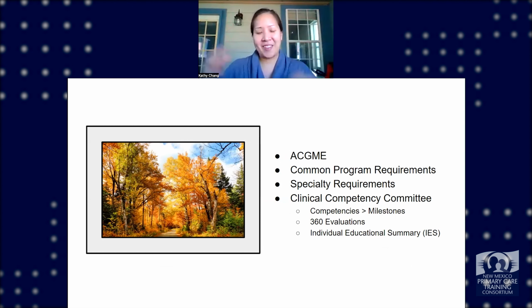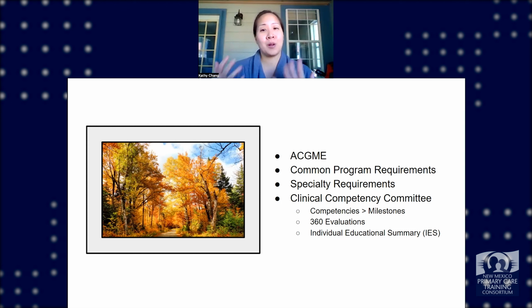Okay. So the big picture stuff, this is more of, what is the setting and the landscape that we're working within for this resident education and resident evaluation. Overall there is an ACGME, right? These are the folks that outline what we do need in an accredited residency program. And then within that, there are some requirements that are common across all programs, regardless of specialty, and then there are specialty specific requirements, specific to family medicine.